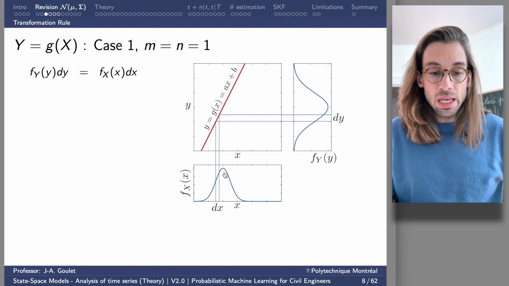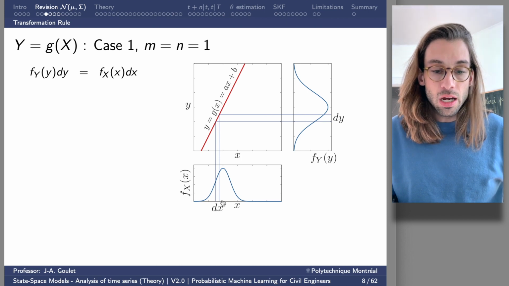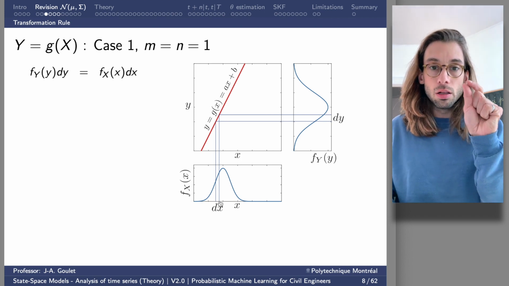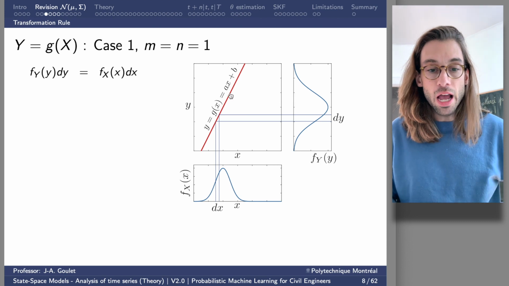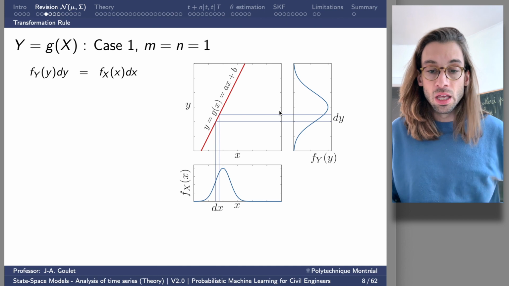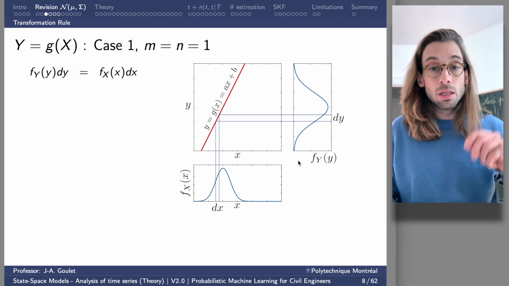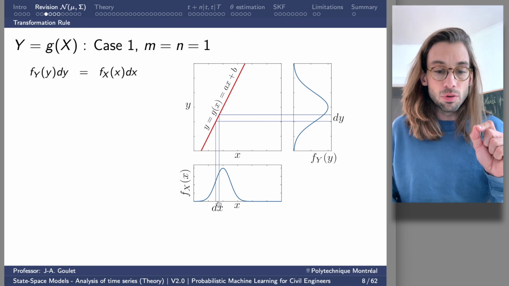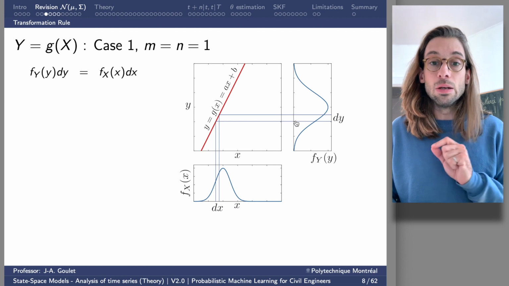Here I have my PDF f of x. The horizontal axis is x, the vertical axis is the PDF f of x. If I have a little sliver dx, and this is my space x, this is my space y, and this is my function, y equals ax plus b, where a and b are deterministic constants, this would be my PDF for y, so that the probability content on the sliver dx must remain the same as the probability content on my sliver dy.